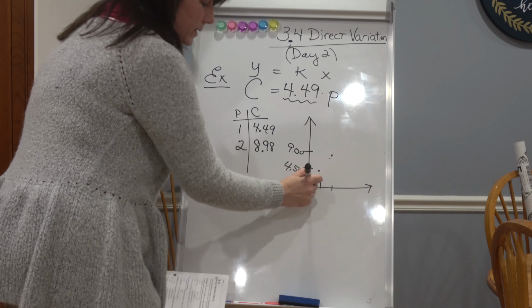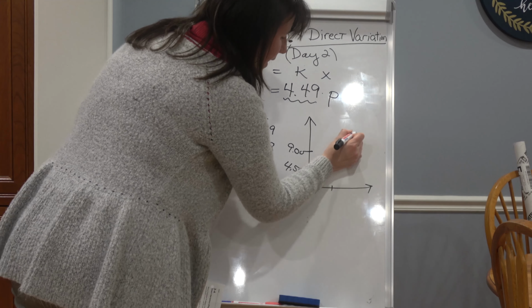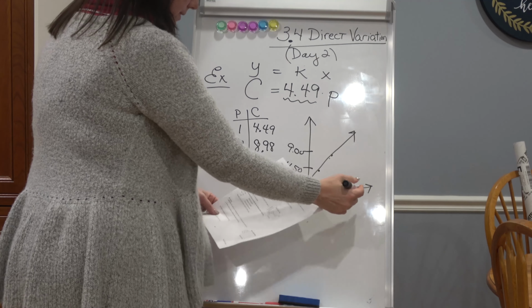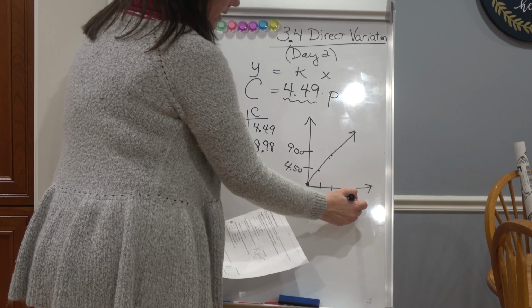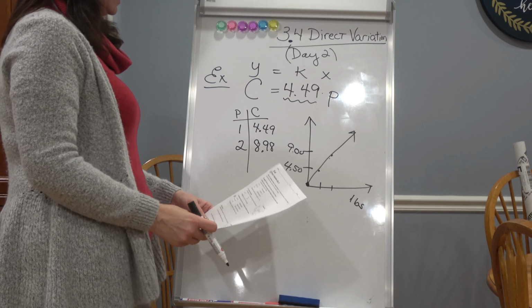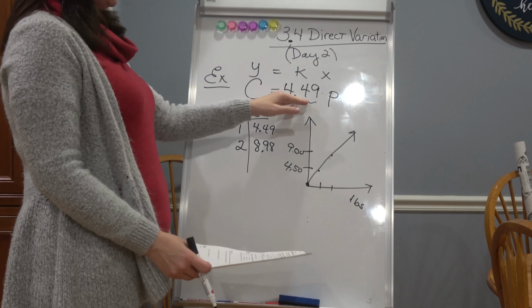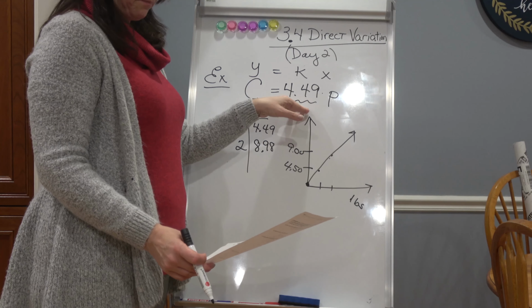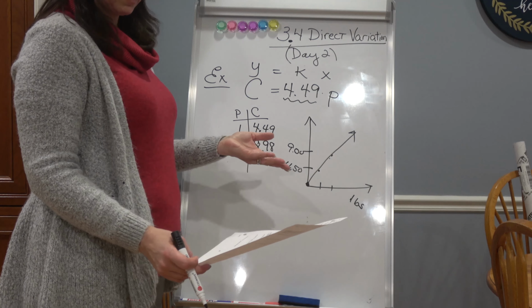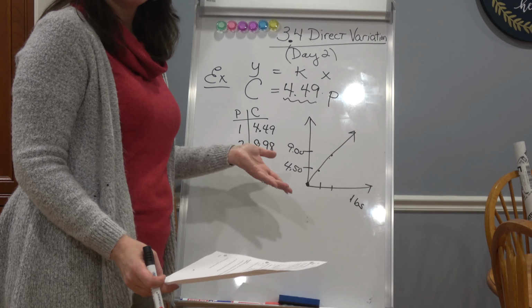So we have our graph of how the cost is increasing based on the weight in pounds. And once again, the slope is the constant of variation. And now they want us to find the cost of 3/4 of a pound.